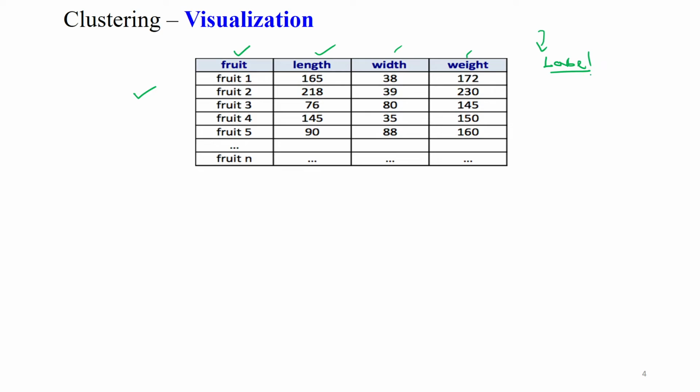A label, or actual output, is called by different terminologies, or target output. Label will be represented using the capital Y. So this will not be given in the unsupervised machine learning algorithm.